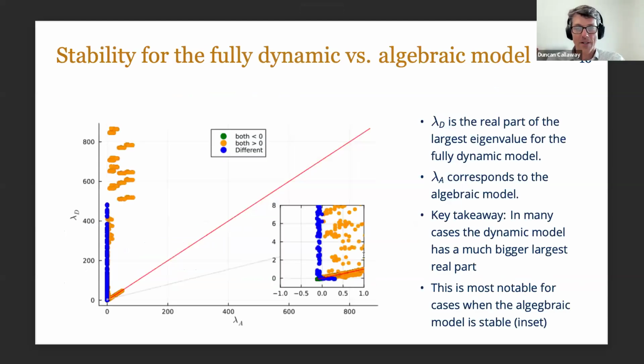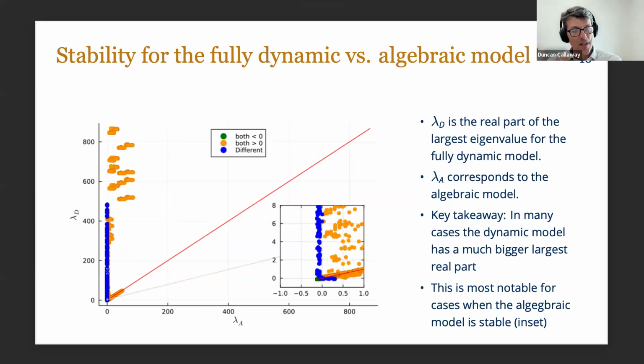Okay, here's our first key result. What we're looking at on this slide is the size of the largest eigenvalue on the x-axis for the algebraic model, and on the y-axis for the dynamic model, so we've got all of those dynamic states included.